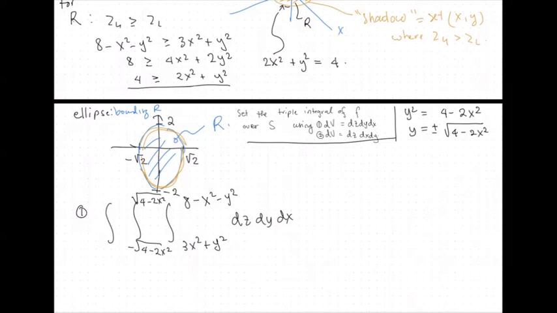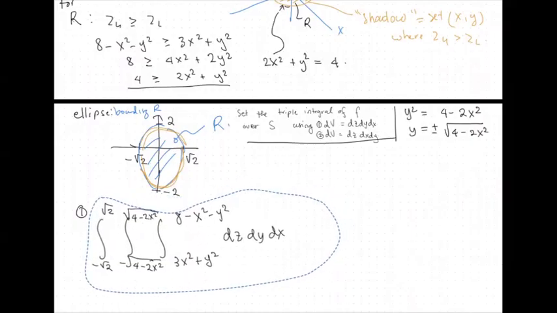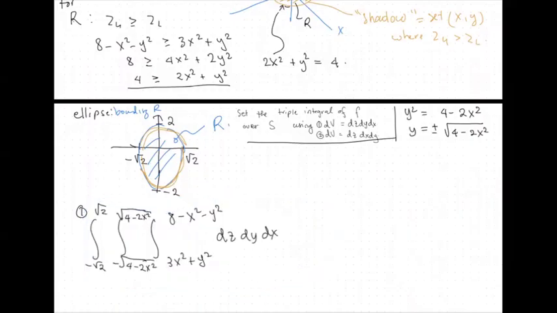And then your x will run from negative square root of 2 to square root of 2. And then you put the function f here, whatever the function is given here. For example, it's xyz, or x plus y, whatever you want. This is just set up.